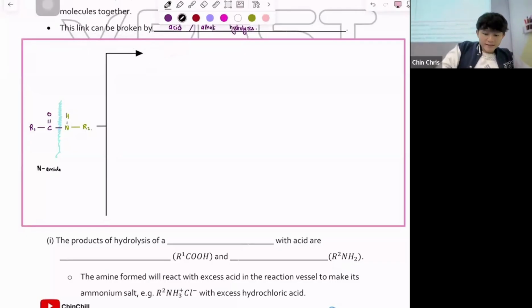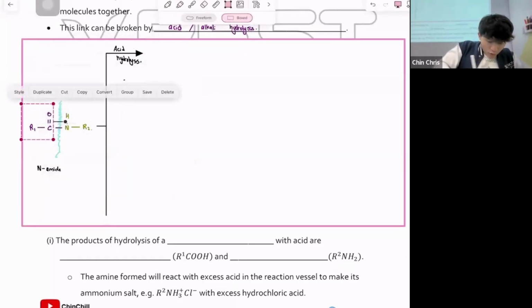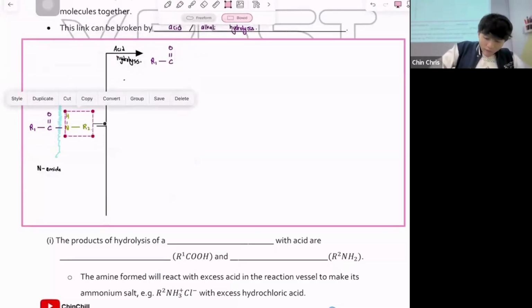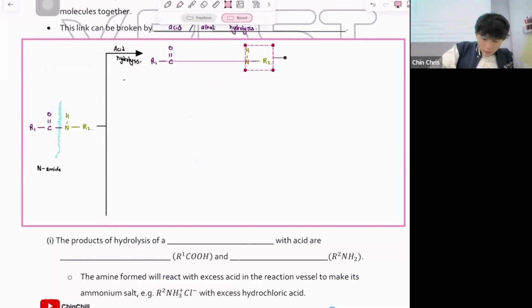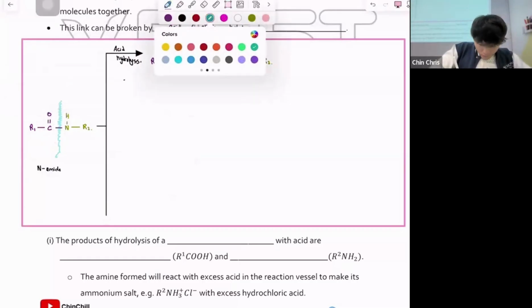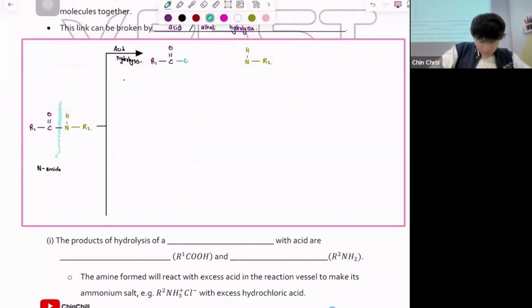Okay, so guys, when you break this here using acid hydrolysis, for example, if I add HCl, this entire part will turn into a carboxylic acid, and this entire part will turn into an amine. Can you see that?